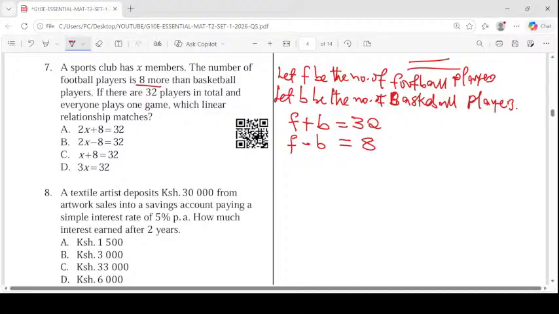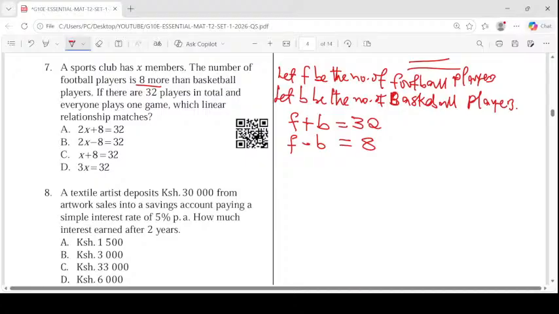Let me try to do substitution here. Let me see. I'm trying to see how this question should be.